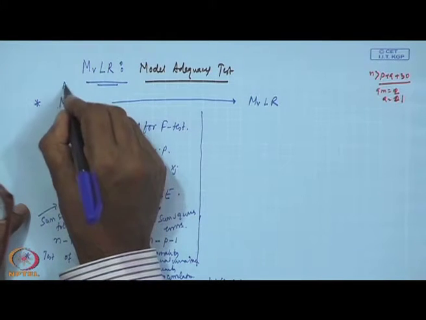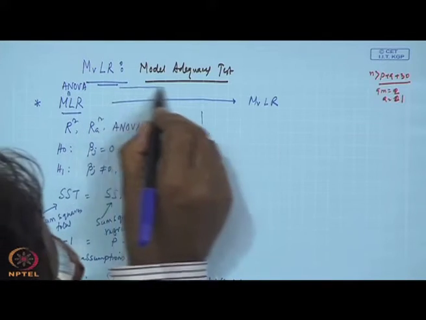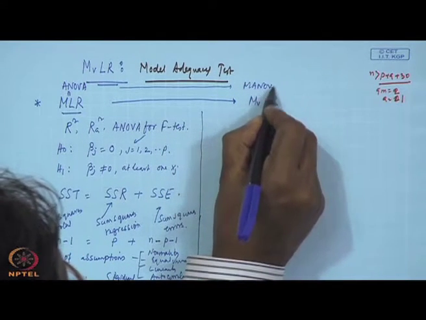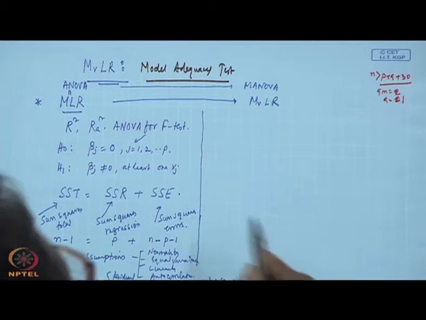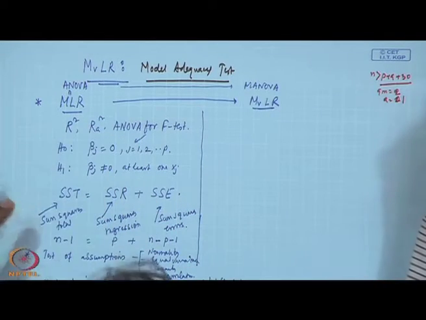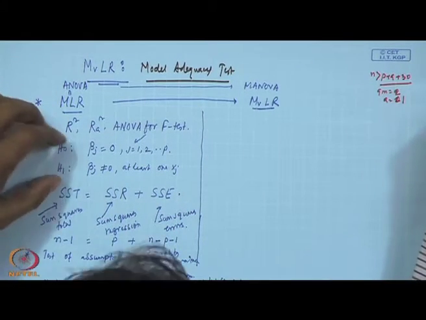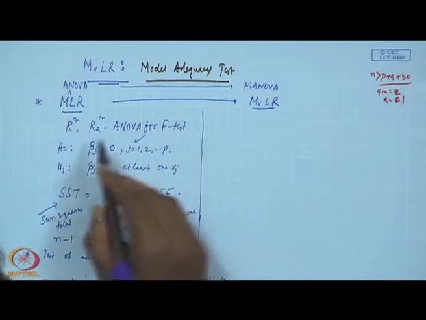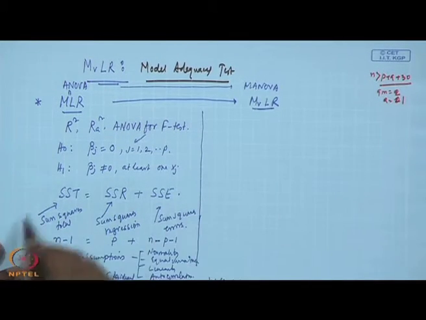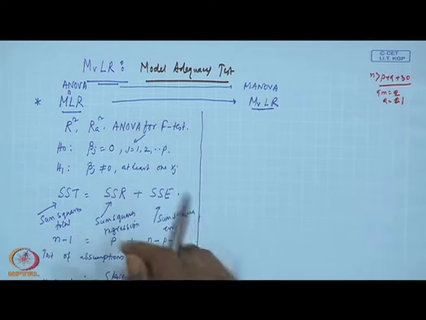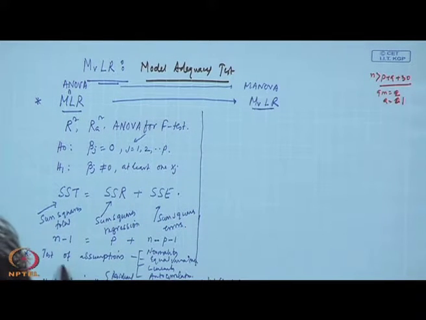If it is related to ANOVA, then MLR is similar to MANOVA. Getting me? So, now let us see in MVLR how we get that F test, R square, similar things, and how we partition the matrix. That matrix is the total sum square cross product matrix, and what about the test of error assumptions. This, in totality, we will be discussing within this 1 hour or 50 minutes of time.